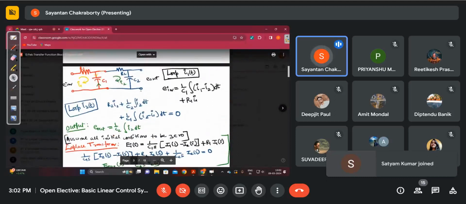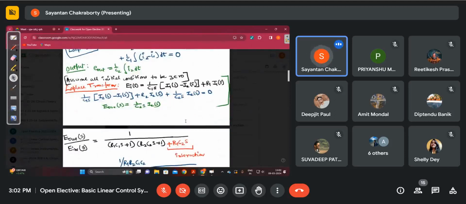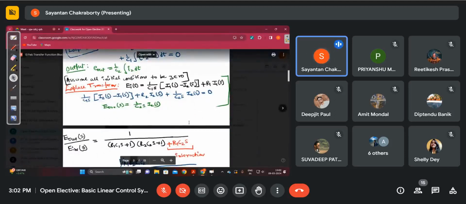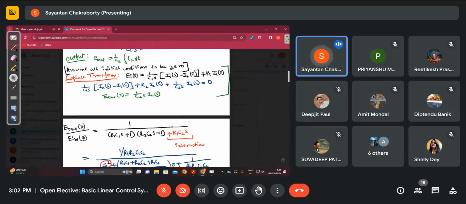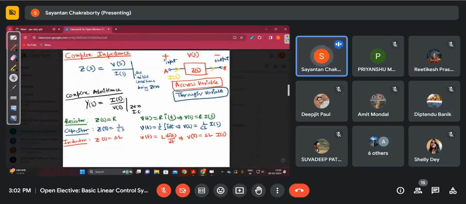So we wrote the fundamental equations, then we went for the Laplace transform and then eliminated the variables, and finally got this transfer function. It was quite lengthy. We also used the complex impedance method because it was an electrical network.